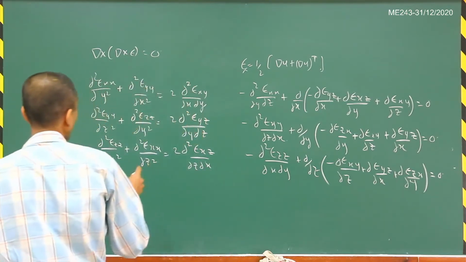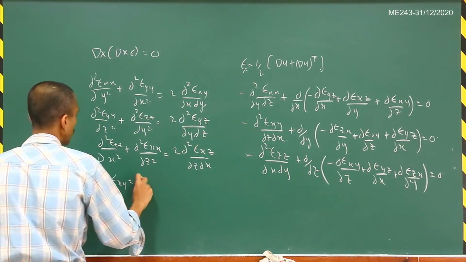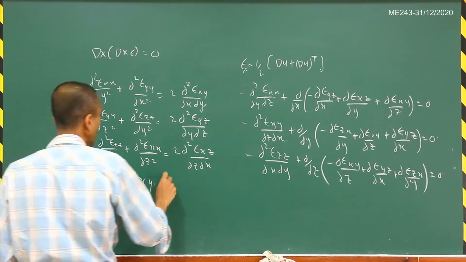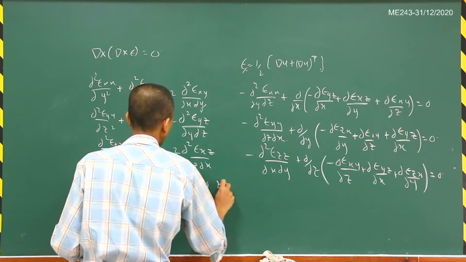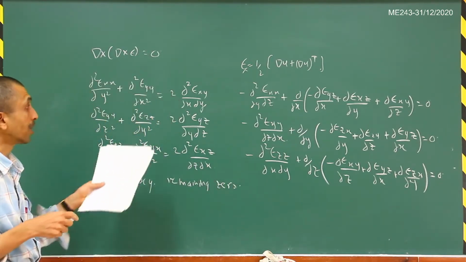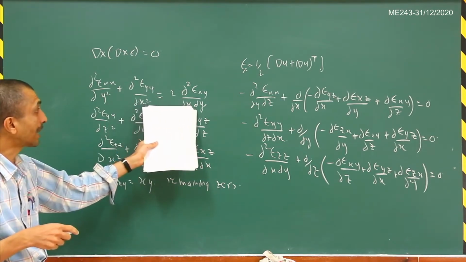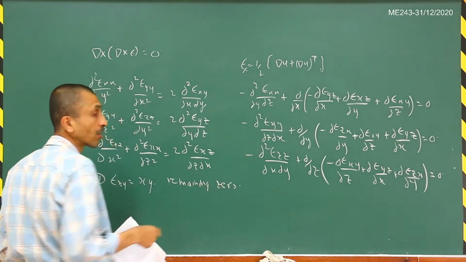So first, let us consider that epsilon xy is equal to xy, and the remaining are 0. You will see that if you take epsilon xy equal to xy, then only the first compatibility relation is violated. Remaining 0 means the remaining strain components are 0.